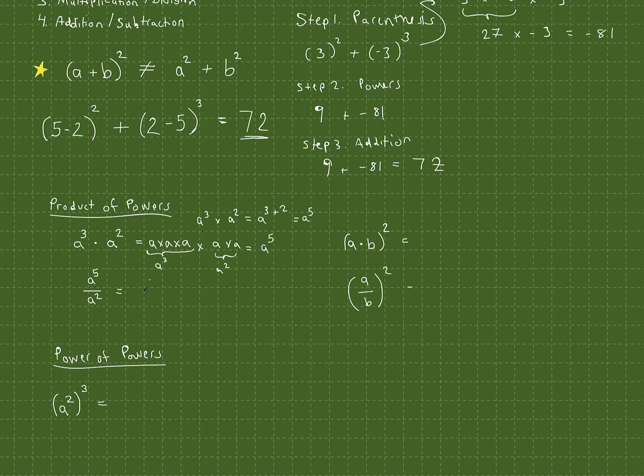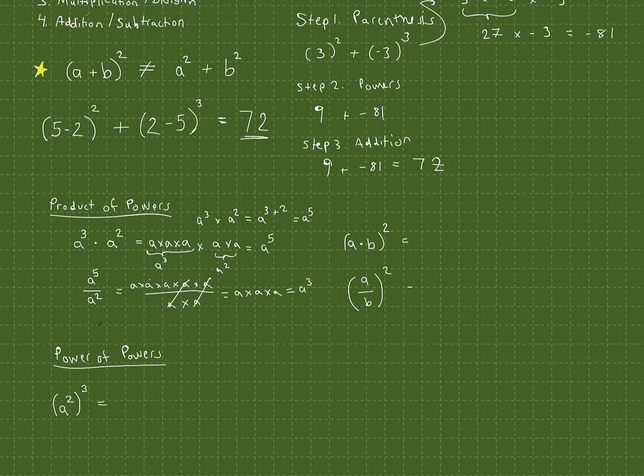The same thing here. When I have a to the fifth divided by a squared, that's the same thing as a times a times a times a times a divided by a times a. If you know fractions, you know that you can cancel those out, so you're just ending up with a times a times a, which is a to the third power.